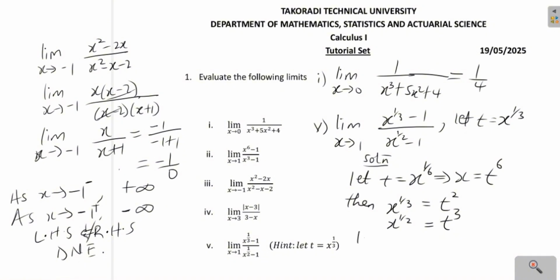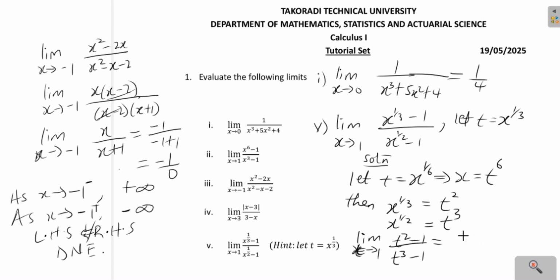If that is the case, then we can substitute this into the original function. So we find the limit as x approaches 1, and this time around it is t, because wherever we see x to the power 1 over 3, we put t squared, and wherever we see x to the power half, we put t cubed. So we have t squared minus 1 over t cubed minus 1, as t approaches 1.